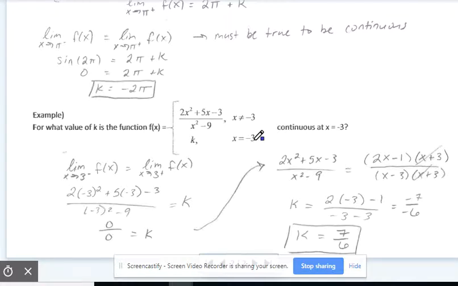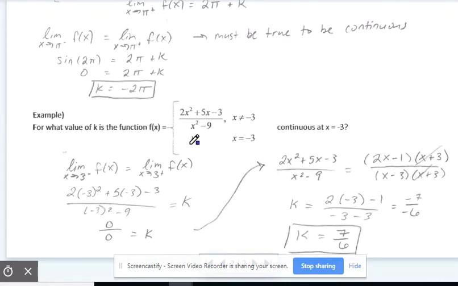So this is just a point, x and k. The whole function is going to look like whatever this is, except for at this one point. So what we want, this will have a hole in it at negative 3. So we basically want to fill that hole in with x and k here.